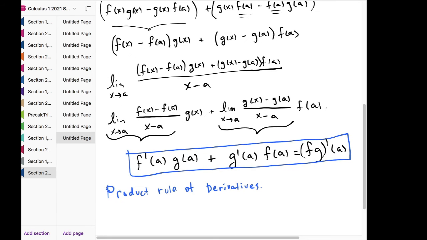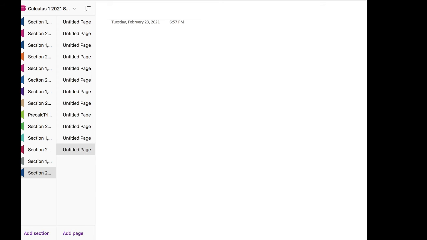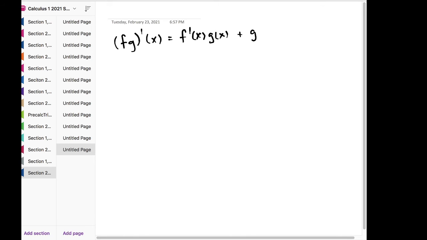So let's rewrite it in terms of functions. (fg) prime of x is equal to f prime of x times g of x, plus g prime of x times f of x. It's the product rule.